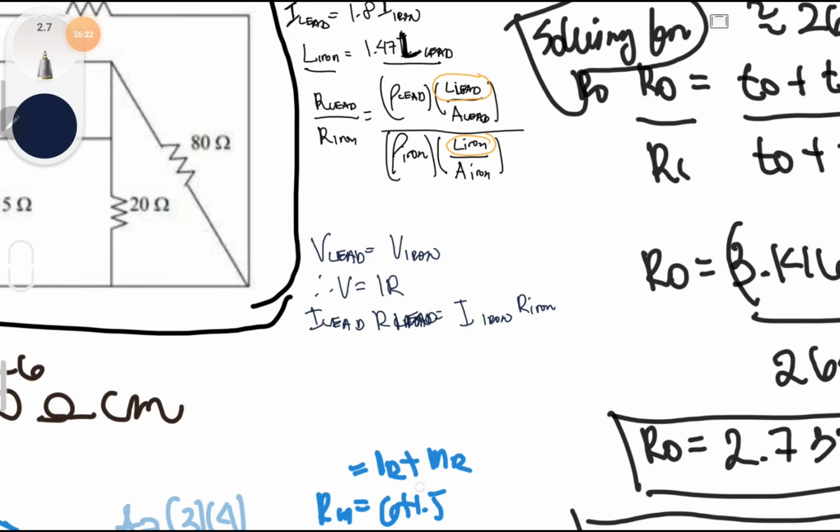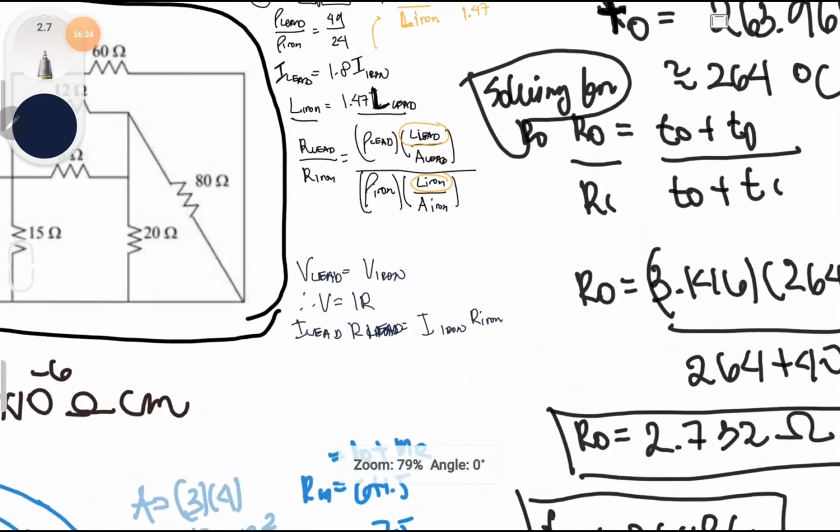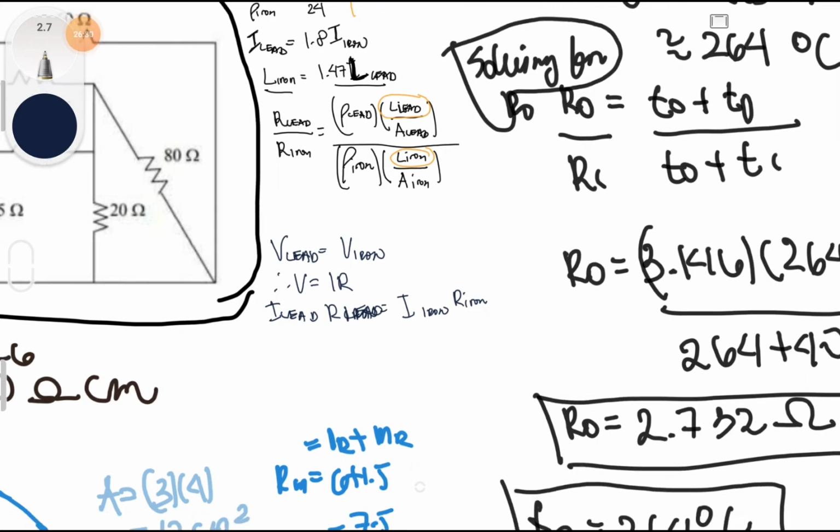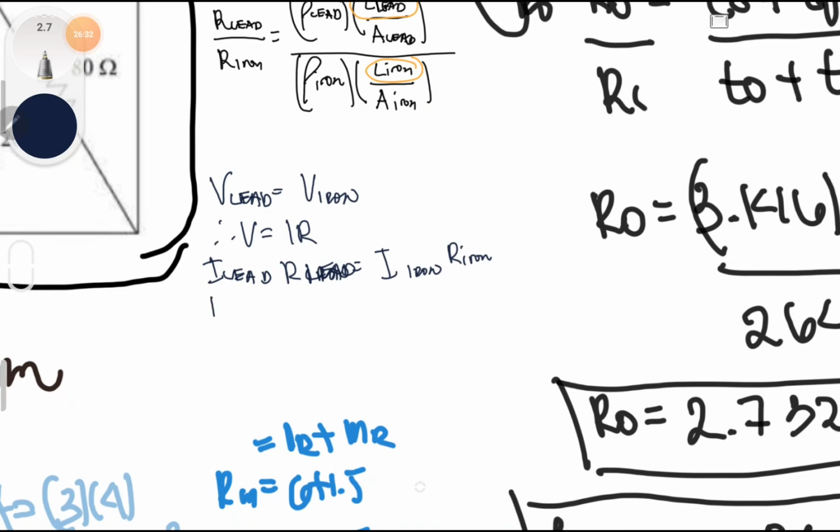So, from this, sinabi niya na kunin natin yung R lead divided by R iron. So, from this, we'll have R lead divided by R iron is equal to I iron divided by I lead.